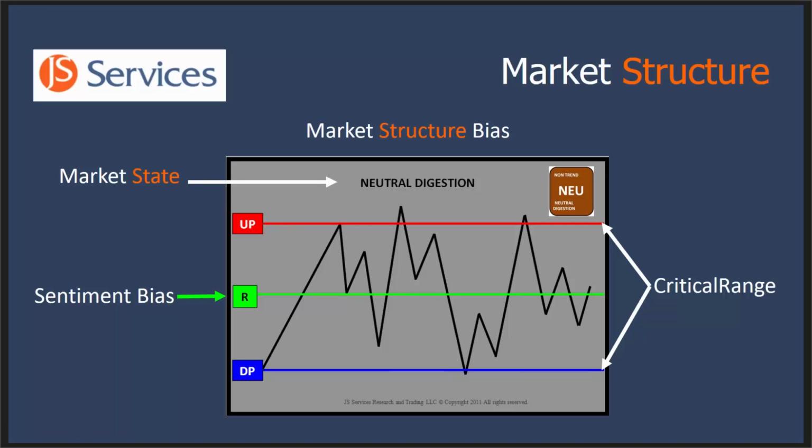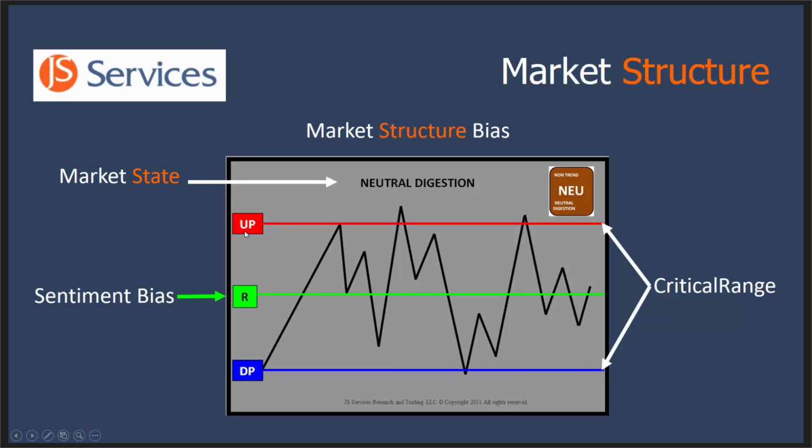And so if we have a market state that's neutral digestion, so this is actually a general type state, neutral, now we're going to put some structure around it. And this is our study that we have integrated, Jigsaw. It's our price map, and with basically 3 price points, we can define the structure of every market state.